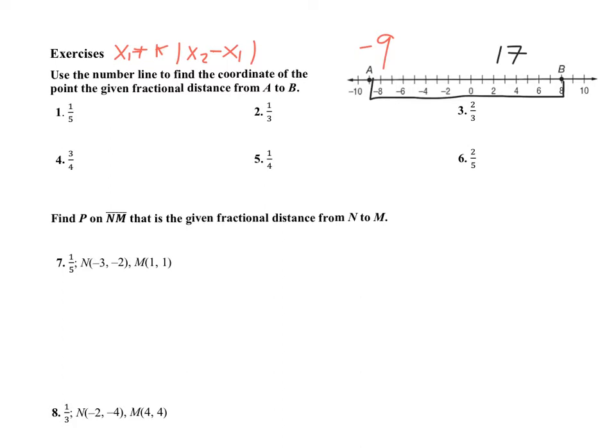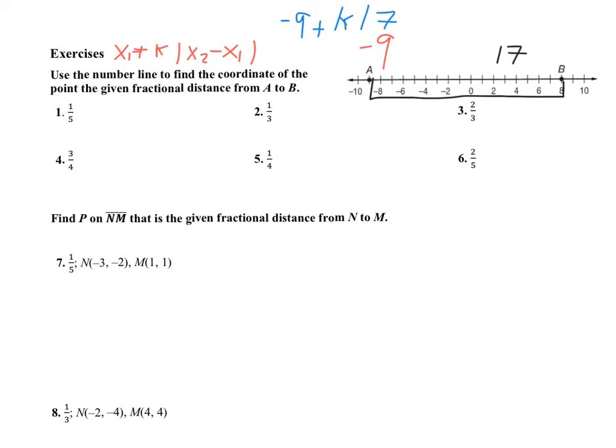So I'm going to show a shortcut here. If we have this situation where we're using the same number line and the same points, such that we have the same distance overall, we can actually turn this into an equation of a line, such that we have our initial value, our x1 of -9, plus our unknown value k, times 17.